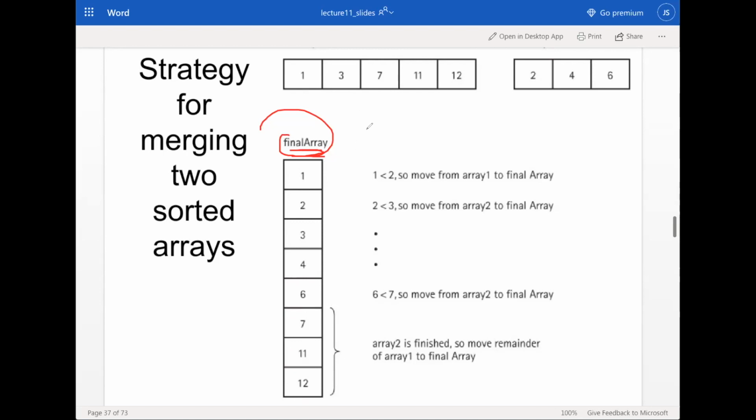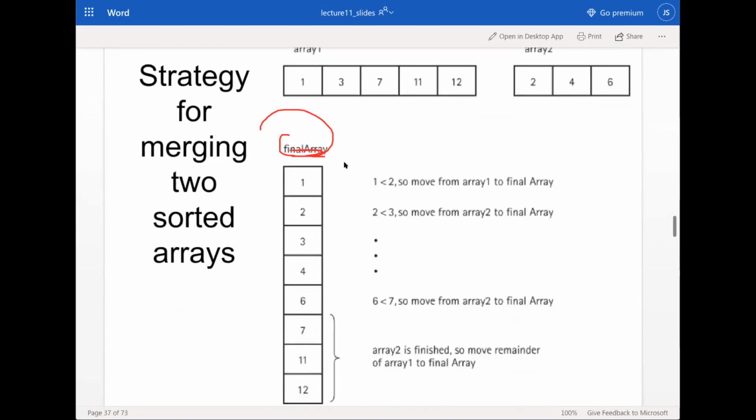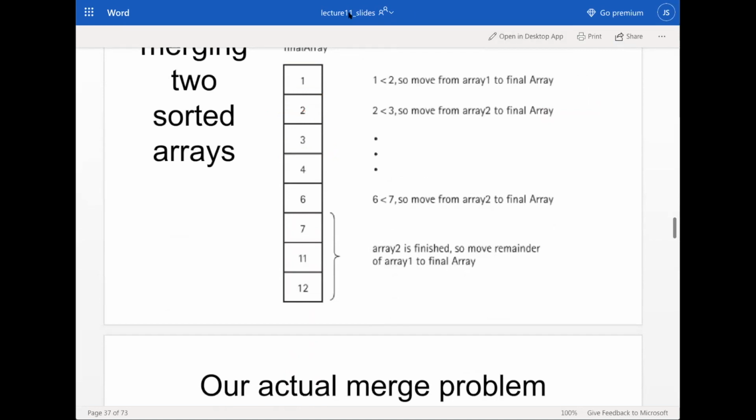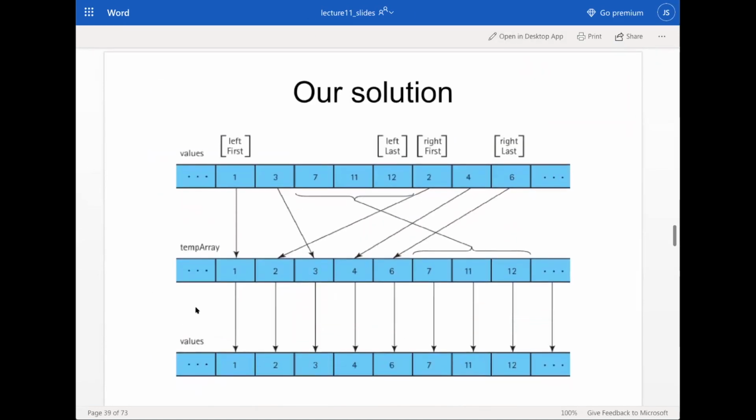So what you need to do initially is come up with either a fixed array that has a size of the total number of elements in array 1 and array 2 combined, or dynamically allocate sufficient temporary arrays to host that for the final array. So this is our solution here. You have this temporary array, and then you do the algorithm as I stated.